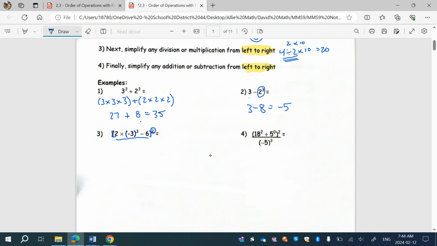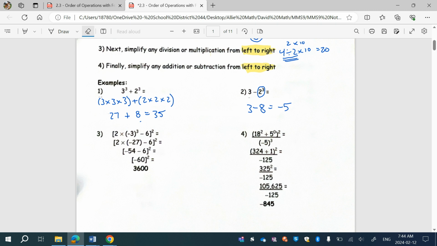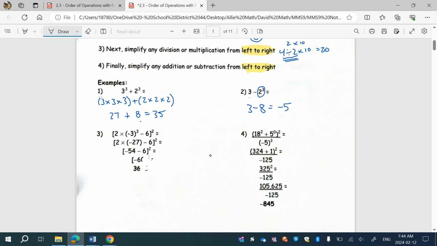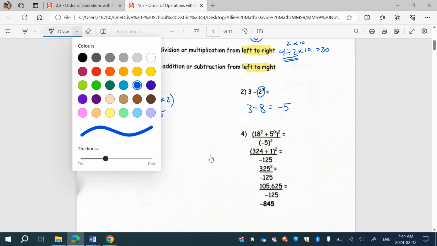So we're going to solve inside the brackets first, and then we'll square it at the end. There's another math teacher at this school who, in addition to using BEDMAS, also likes to call it GEMS. So he also calls it GEMS.